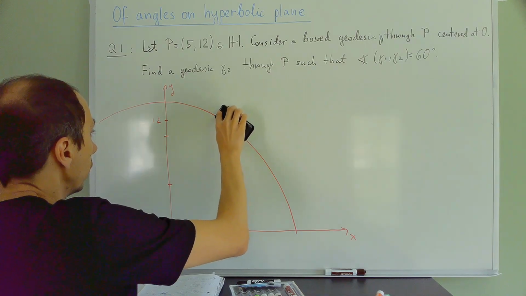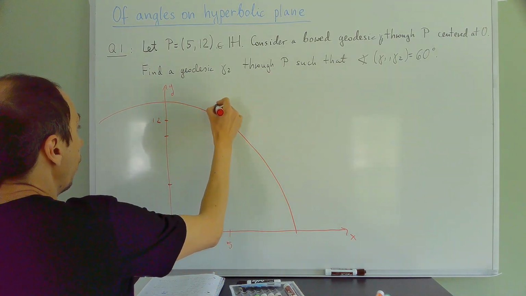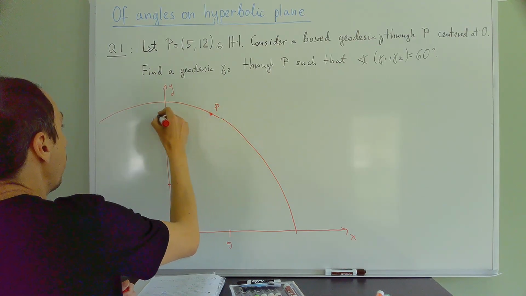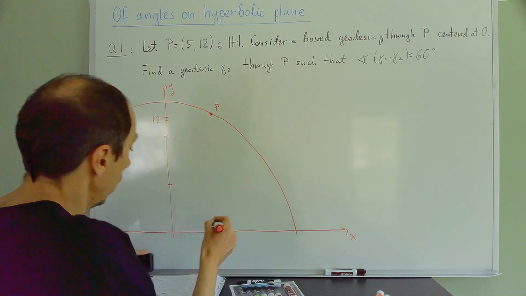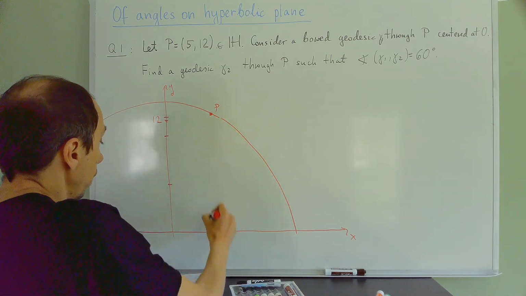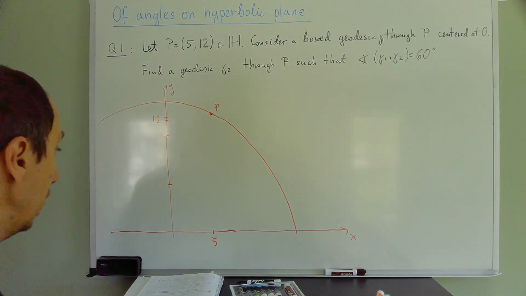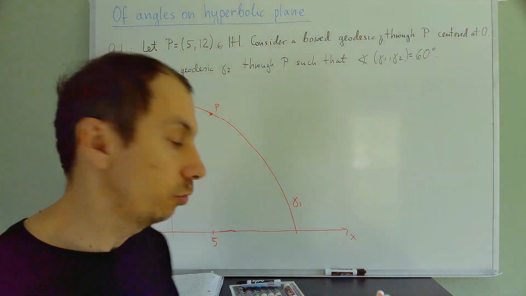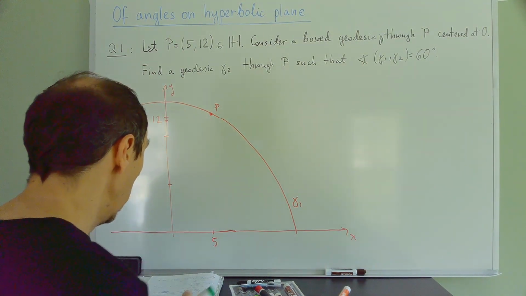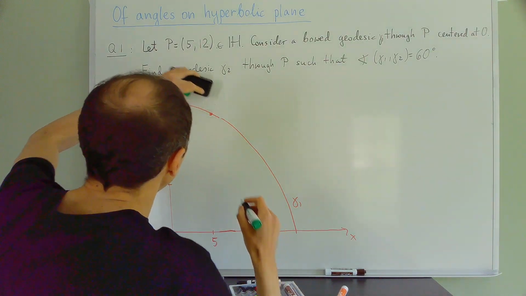The point P should be a little further left. So 5 here. So that's the geodesic gamma 1. Now I want to construct a different geodesic, gamma 2, that also goes through this point and forms the angle of 60 degrees with this one.